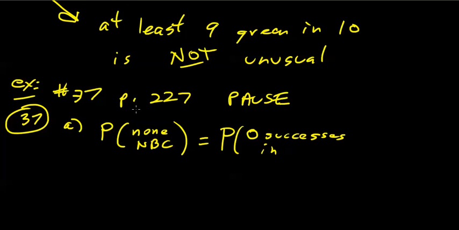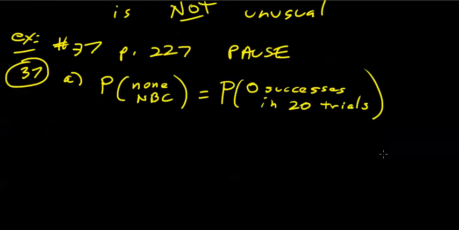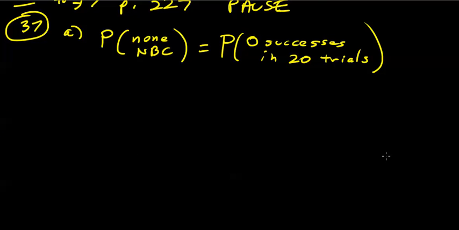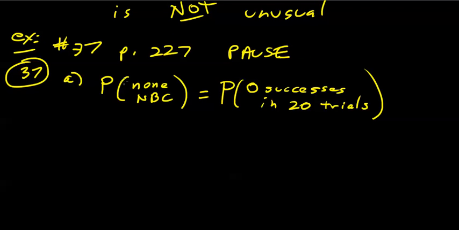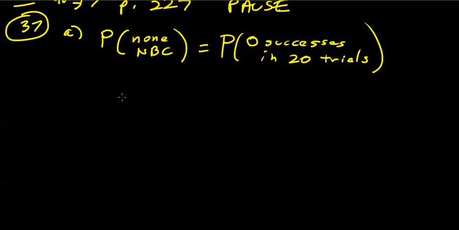in how many trials? Well, again, the survey involves 20 households. We're asking 20 people, did you watch NBC Sunday Night Football? And they respond yes or no, and we're looking for the probability that none of them were watching. Alright, so this is a binomial experiment, 2 outcomes per trial.